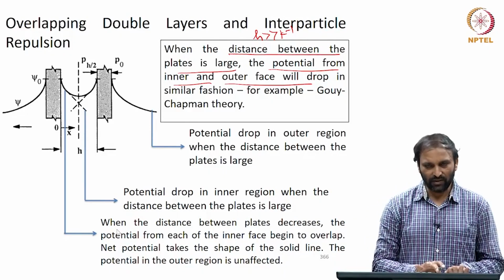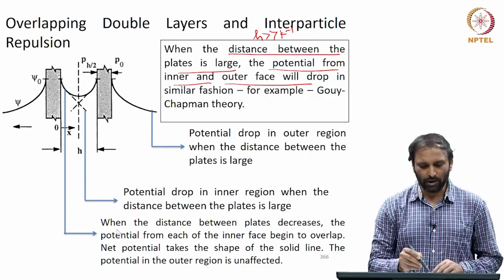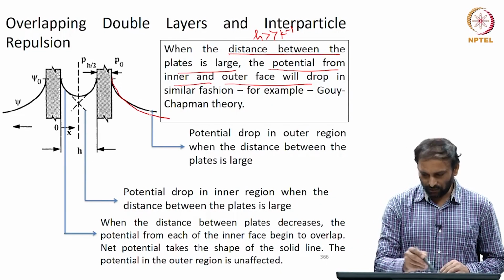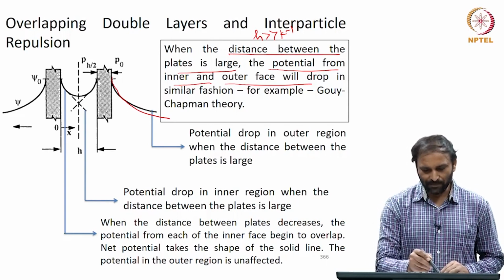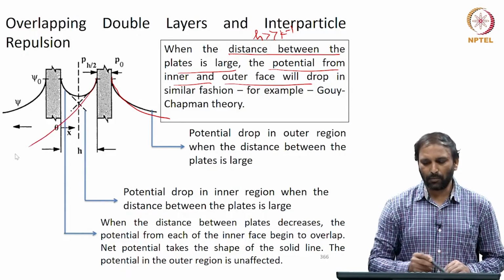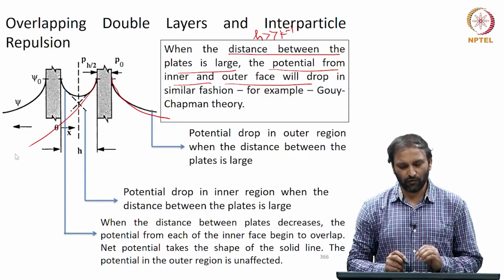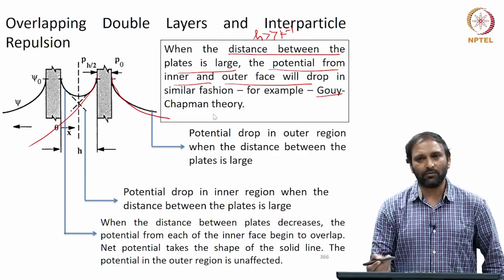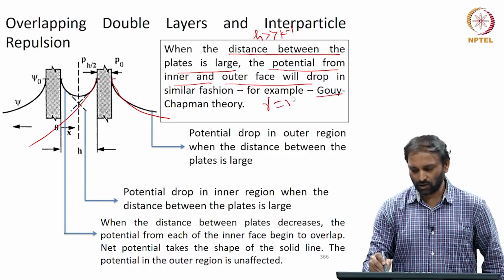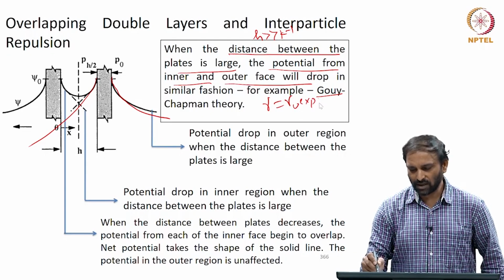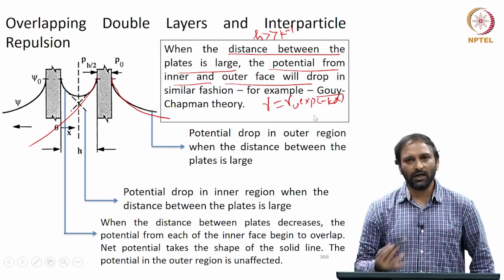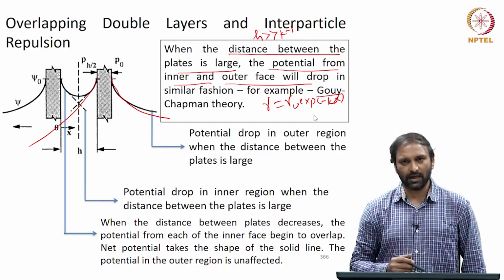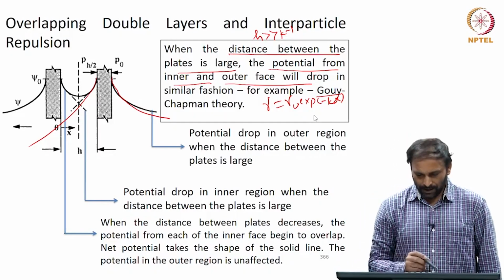That is, when they are sufficiently far apart, whether you look at how the potential varies in the outer region from the outer face or the inner face, the potential would fall in a similar fashion, and it could be Gouy-Chapman way, that is capital gamma is equal to gamma naught exponent minus kappa x, or it could be Debye-Huckel way if we are considering the case of low potential.